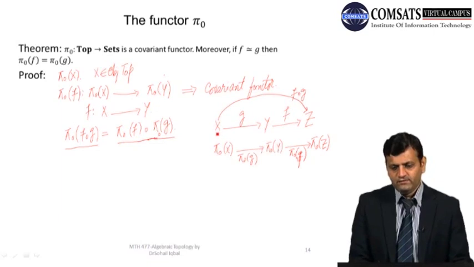Let's say we have a path connected component C in X. When we take its continuous image under g, it will be contained in a unique path connected component of Y. So let's say pi naught of g of C is equal to some path connected component of Y, let's say C prime.